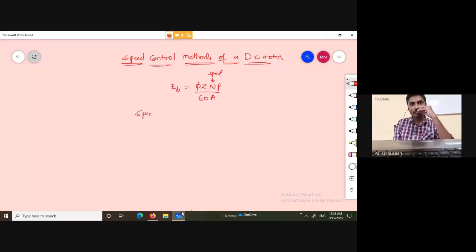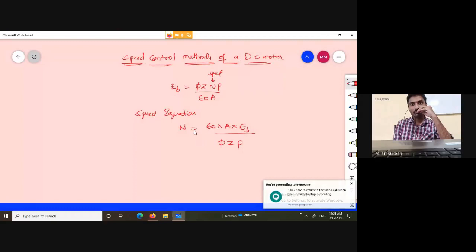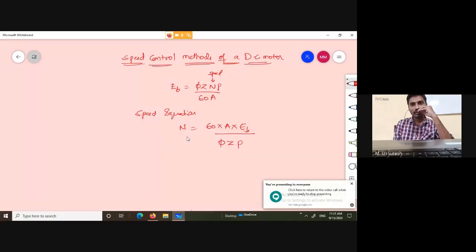So the speed equation can be written as N equals 60 A EB by phi ZP. Here 60 is a constant value, and A is constant, it depends on the winding.